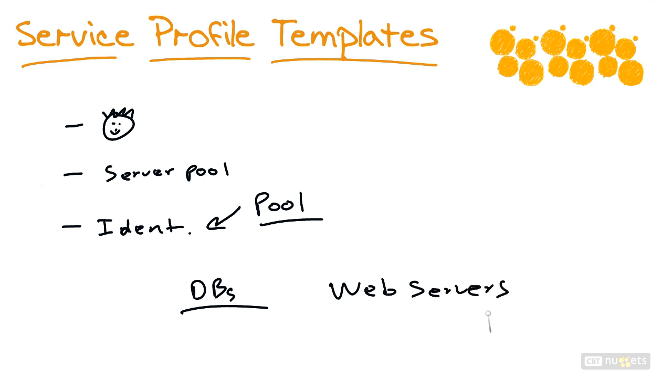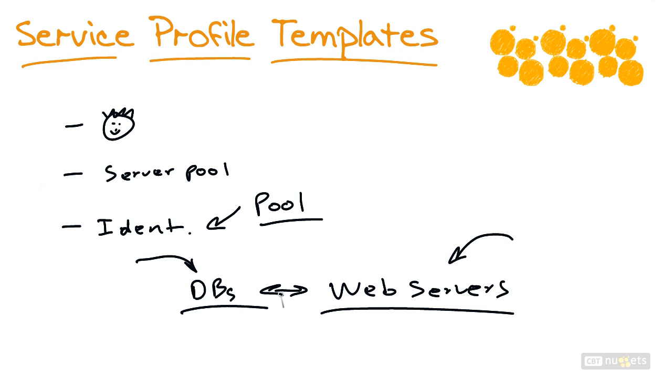There's going to be a lot of similarities in this category, and they are going to have some pretty big differences between each other. So we can create templates that have the basic boilerplate stuff that we want basically in our service profile template, and then we can tweak from there when we actually make the individual service profile. So this is a really, really cool concept.